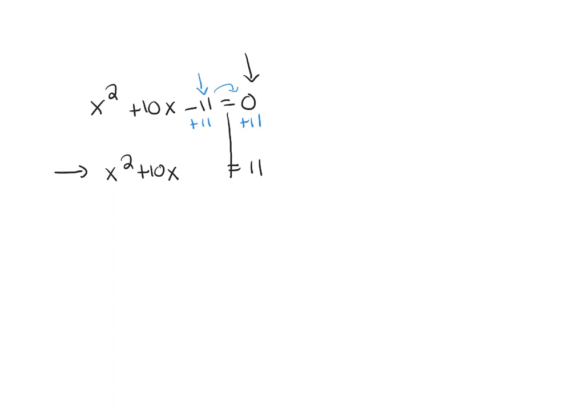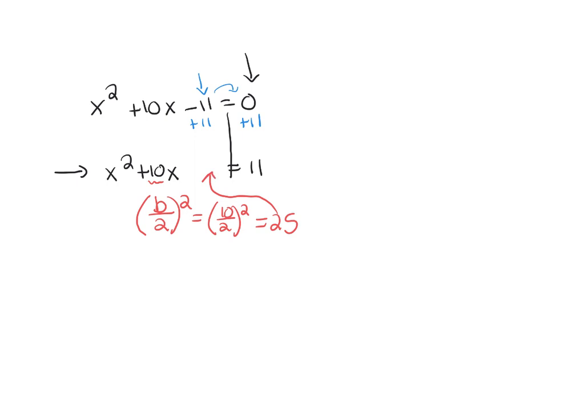What I'm going to do is create a perfect square trinomial. We're going to do this using a special formula, which is b over 2 squared. Your b value is 10. So 10 divided by 2 squared is 25. That is my magic number that if I add it here, I will create a perfect square trinomial.